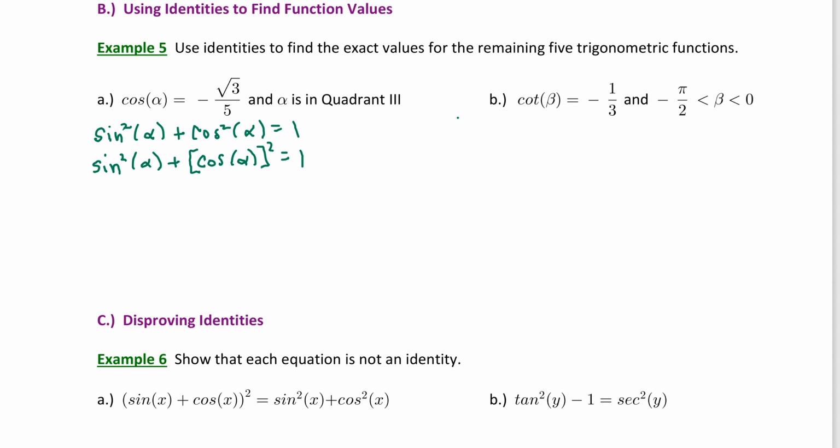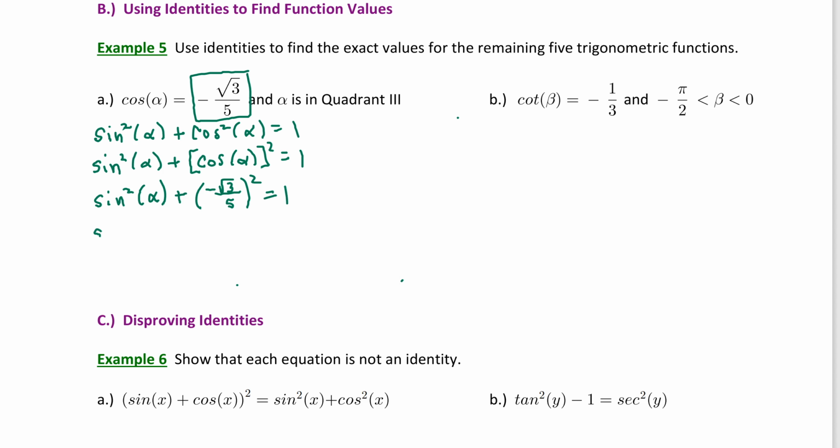Now, the reason I want to do that is because we are going to replace cosine of alpha with its value. So I'm going to replace cosine of alpha with negative square root of 3 over 5. Notice I replaced the entire function cosine of alpha with its value. I am not, be very clear here, plugging negative square root of 3 over 5 in for alpha. I'm replacing the function with its ratio.